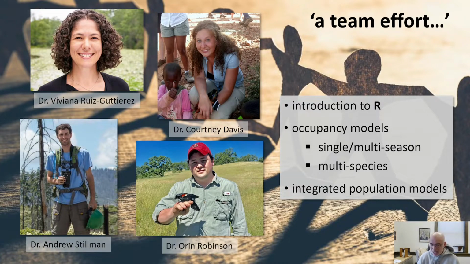We're also going to talk about integrated population models. Integrated population models are essentially one approach that's been proposed to solve this, I don't want to call it a dichotomy, but this differential use of marked individuals versus unmarked individuals. You'll recall from an earlier slide that there are these two different data streams that you can use, some where you have individuals that are marked and some where you don't.